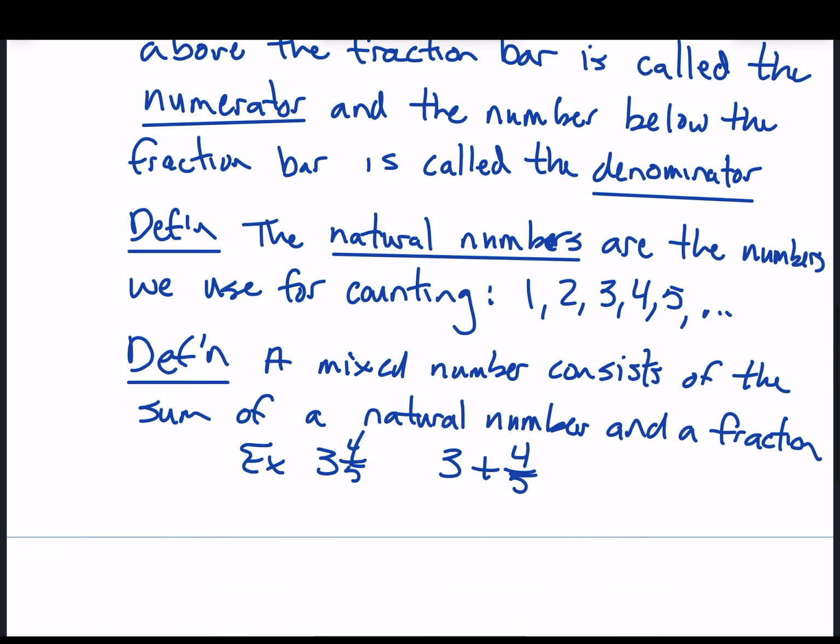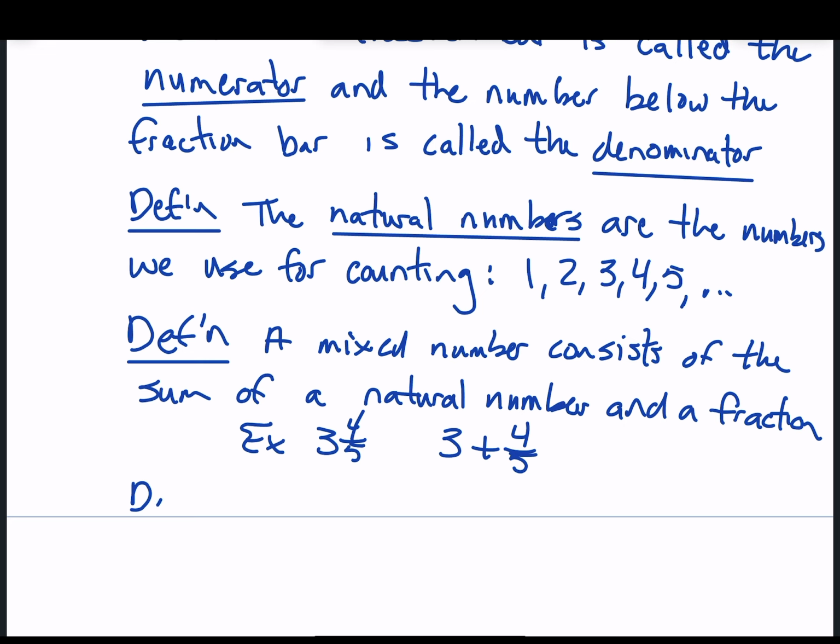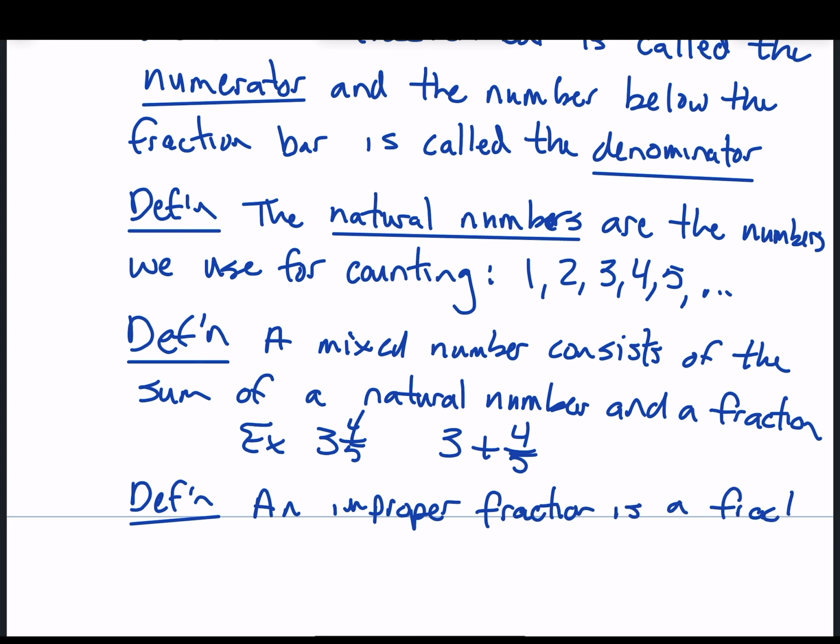Okay, and then our last definition for us to get started here in this section is an improper fraction. An improper fraction is a fraction whose numerator is greater than its denominator.